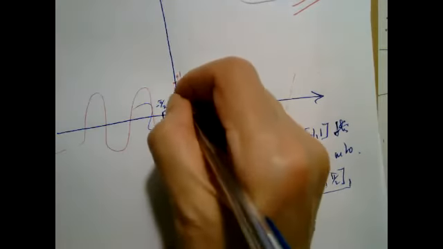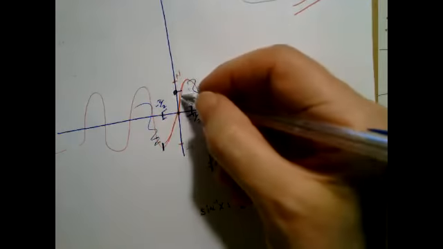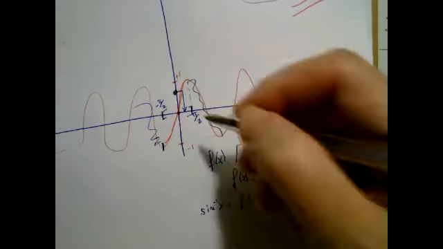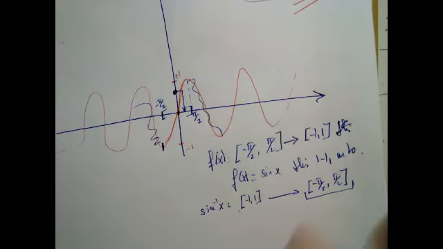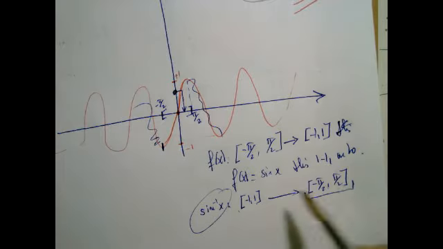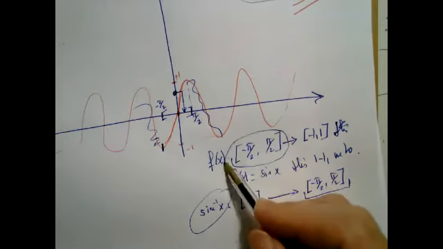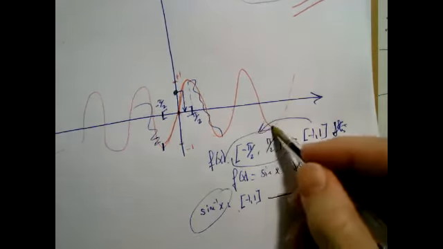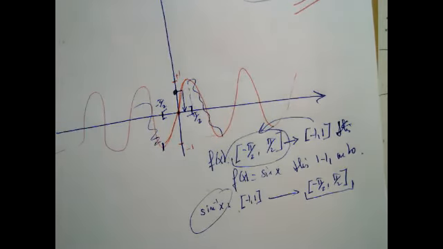So sine inverse gives the angle between minus pi over 2 and pi over 2. We restrict the angle, otherwise this has no sense whatsoever. Otherwise the sine inverse will not be a function at all. So by restricting the domain on the sine, I take the inverse from minus 1, 1 to minus pi over 2, pi over 2.